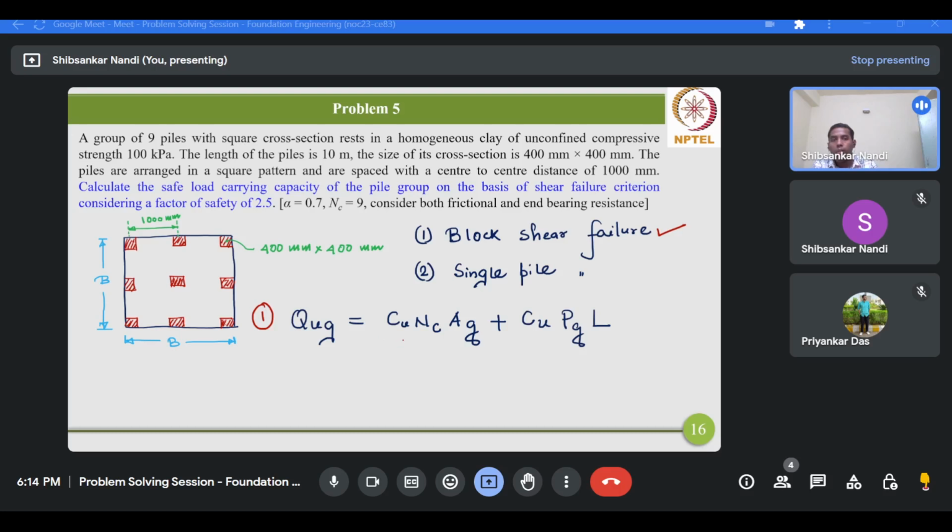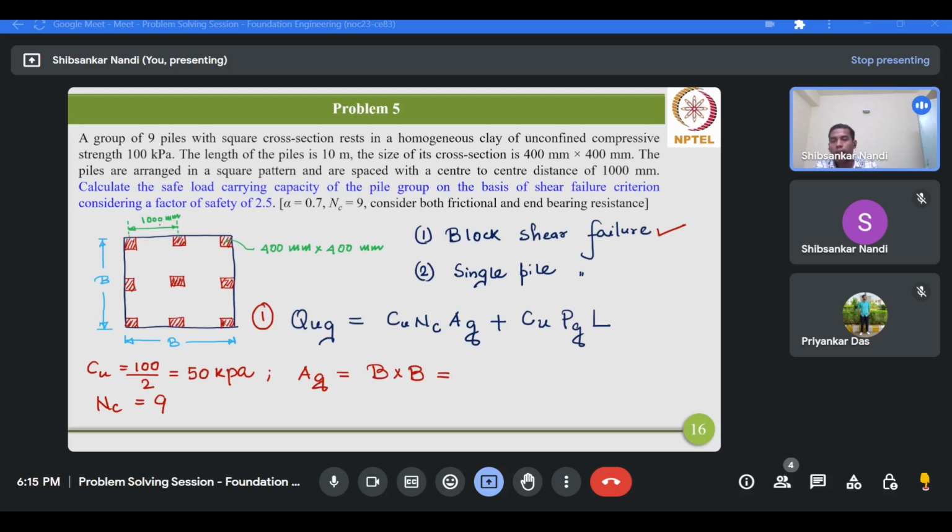Now what is the value of Cu? So Cu is 100 by 2, that means 50 kPa. And Nc will be 9, and this AG, the cross sectional area, will be B times B. Now how to calculate the B?